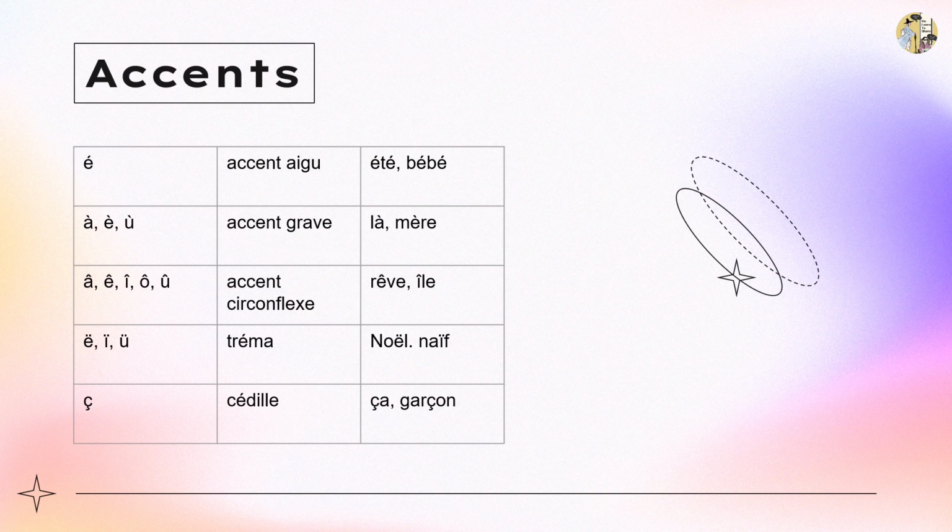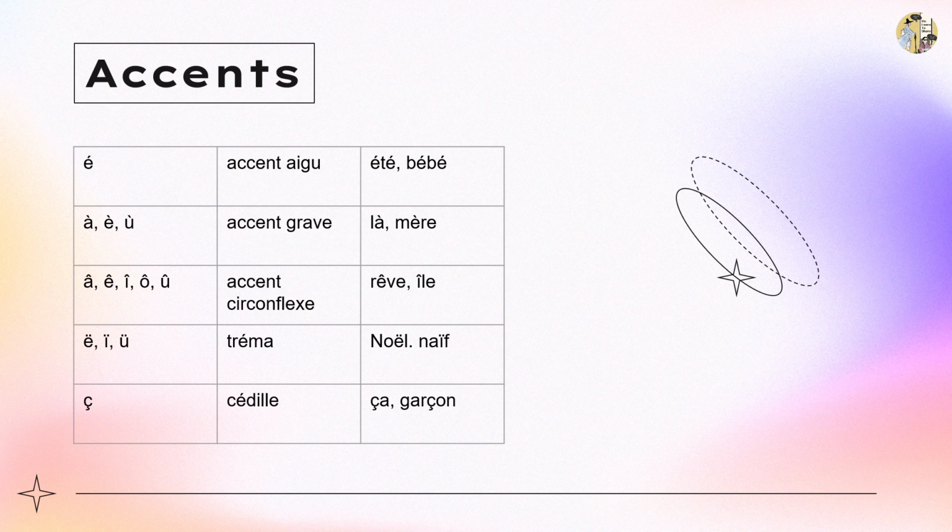Accent aigu only applies to E. For example, there are été and bébé. Second is accent grave. It applies to A, E, and U. For example, there are là, mère. Third, accent circonflexe. It applies to all vowels.